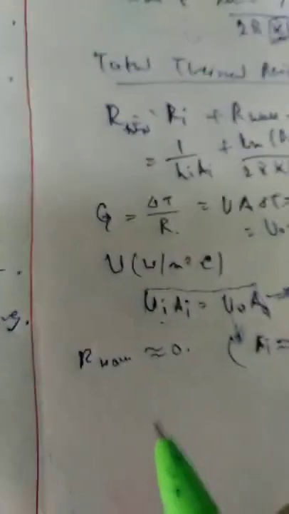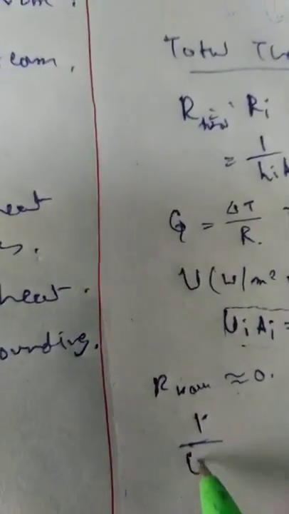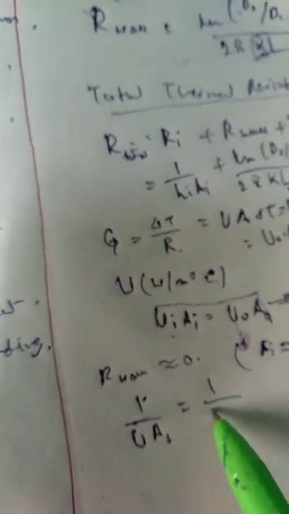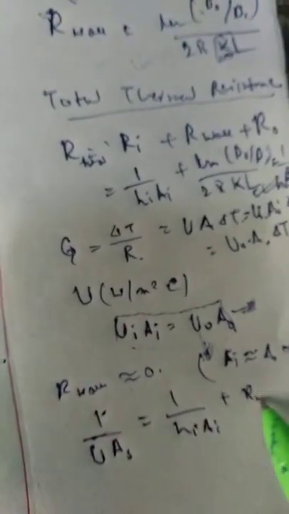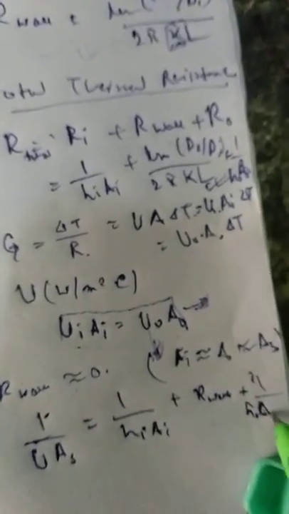So see now, this 1 by H naught A naught. Now we have already neglected this R wall.